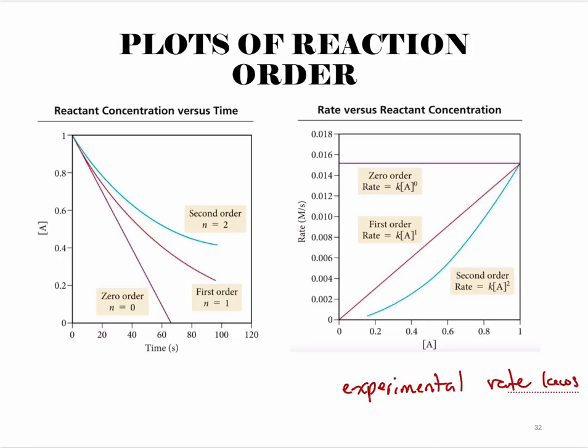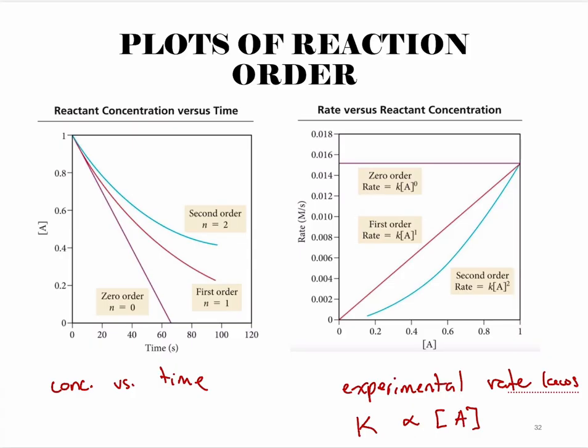Because our experimental rate law relates capital K to the concentration of A in each of these cases. And then this is going to be related to just the concentration versus time. And on Monday, we'll talk about the integrated rate laws because that's what that's related to.